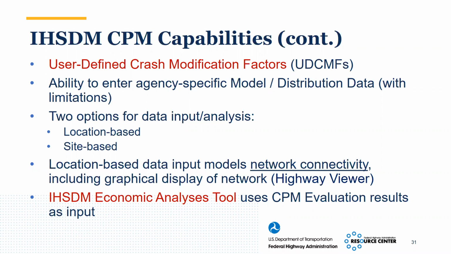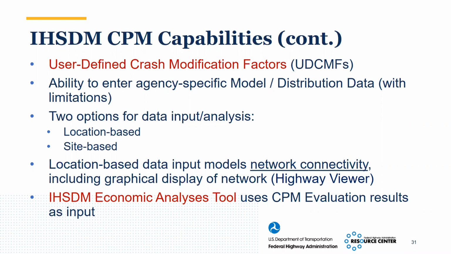Another advantage of this location-based data input is that it can model the network connectivity. Let's say you have a project that includes a freeway and the interchanges and a local network with arterials, intersections, and ramp terminals. The location-based data, because of the way that it's structured, has that connectivity.